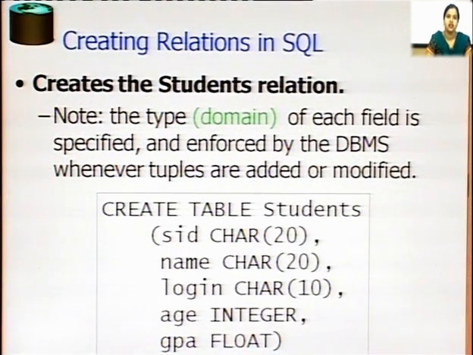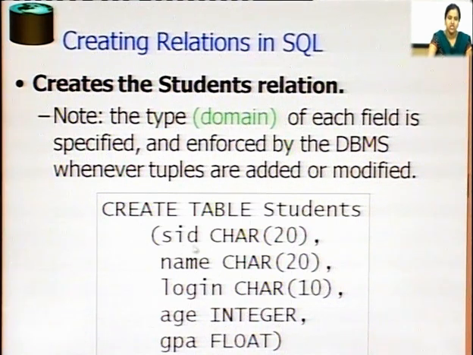Then there is creating the student relation. Here is one more example. Type the domain. Domain is the restricted set of values of each field, specified and enforced by the DBMS. For example, create table students where SID char 20.